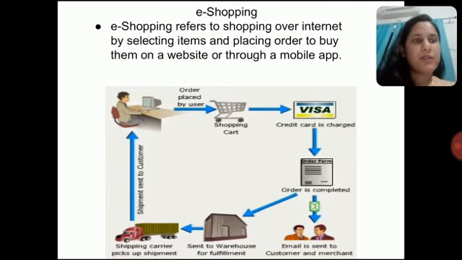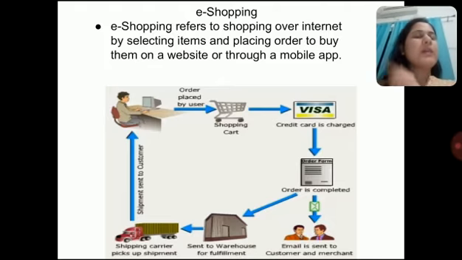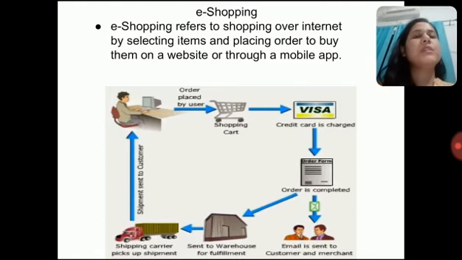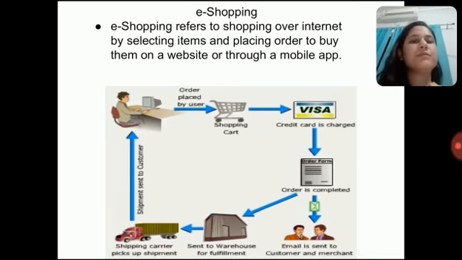This is the first one, e-shopping. We were discussing this, when we are shopping through sites like Amazon or Flipkart, these online shopping sites, and of course also the mobile applications like Myntra.